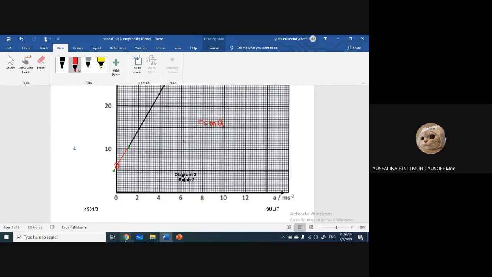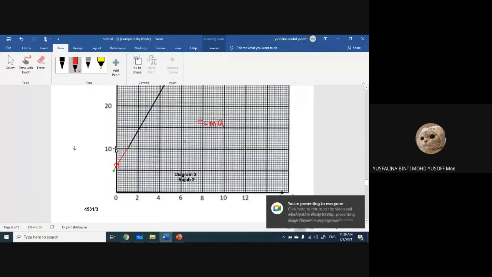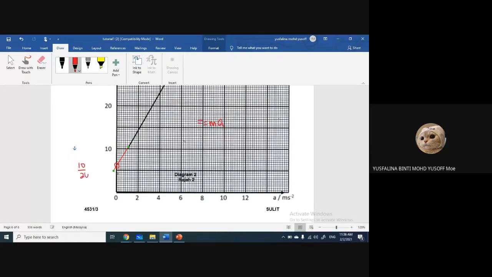Right, so what is the answer? 0.6, is it? Because this is 10, so this is 20 small boxes. You want to know what one small box equals, so 10 divided by 20, which is 0.5.